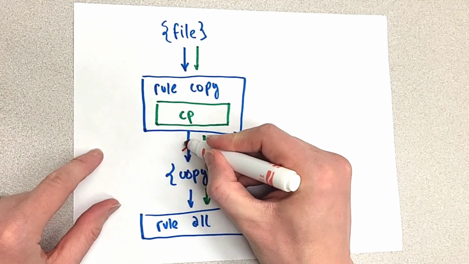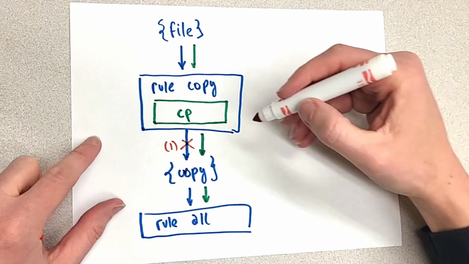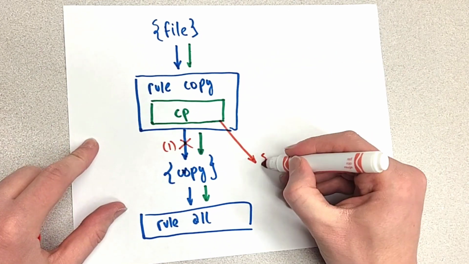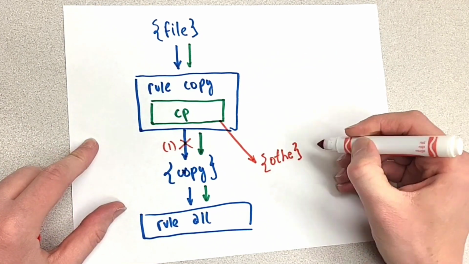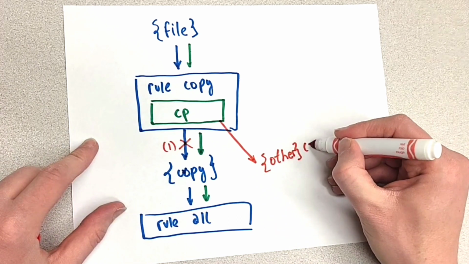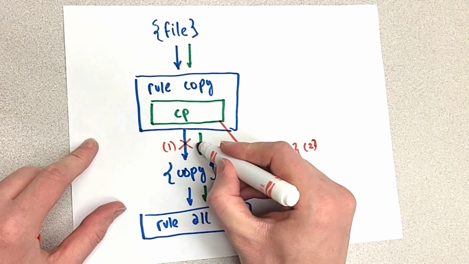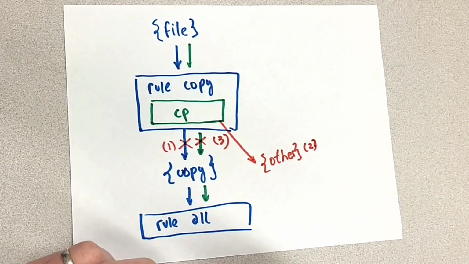For example, typically the command runs and generates an output file different to the one expected. And the third problem is when you have issues within the command run within your rule, and sometimes it's difficult to access that information.